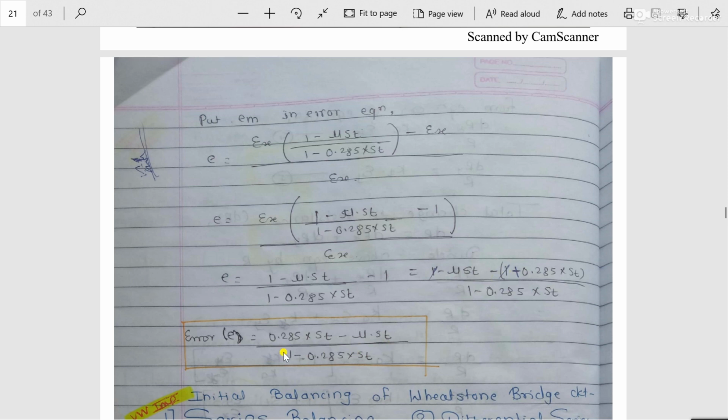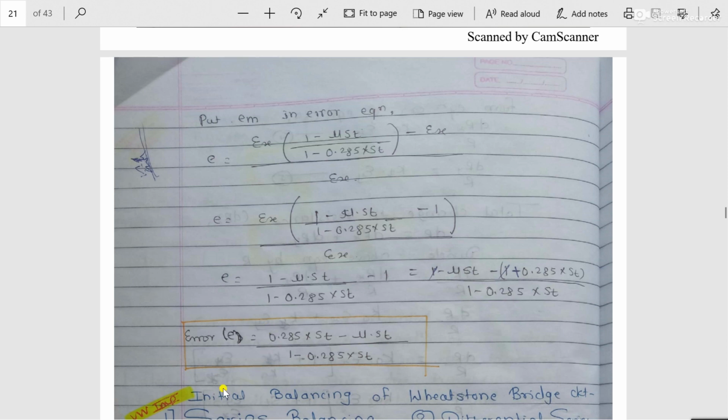The final equation for the error, taking the positive terms first and negative terms afterwards, becomes error is equal to 0.285 into St, which is positive, minus mu into St, which is negative, divided by the denominator as it is, that is 1 minus 0.285 into St. This is the final equation to calculate the error which is introduced while taking the readings.